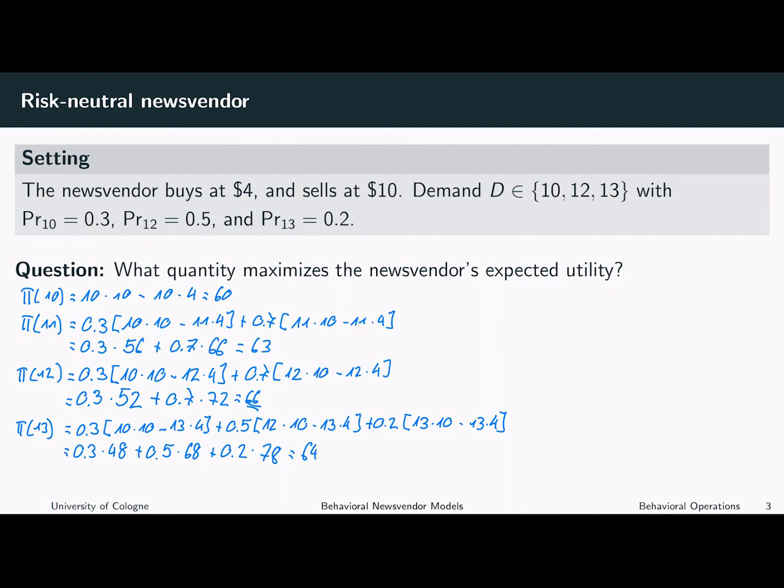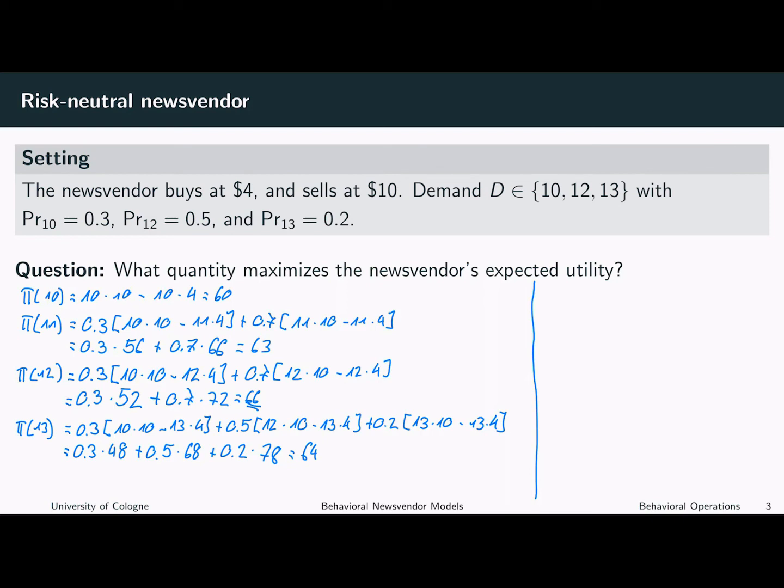Now we want to ask the question if there's a faster, an easier way to calculate the expected profit maximizing quantity. And there is one. You can just look at the probability of selling an additional unit.